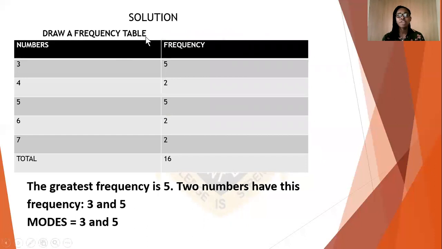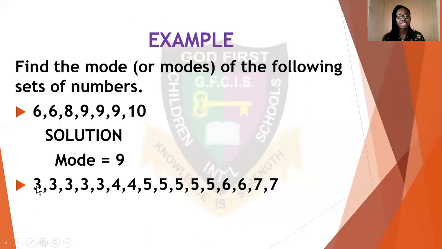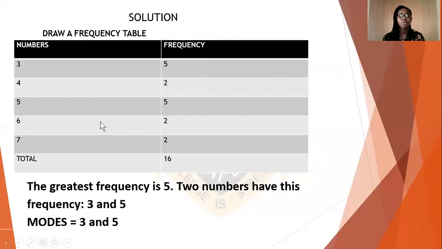Solution: draw a frequency table. Let's count. The number 3 appears 5 times. Number 4 appears 2 times. Number 5 appears 5 times. The number 6 appears 2 times.